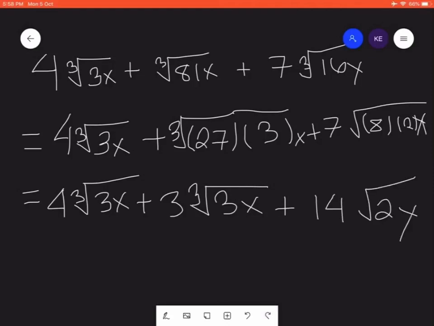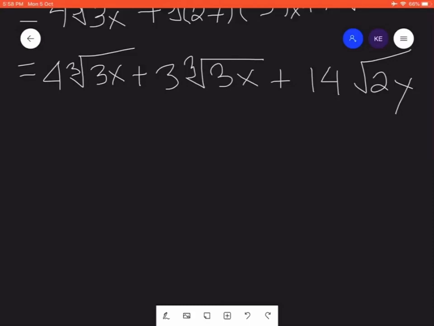So if you're wondering why it's 14, because I found the cube root of 8, which is 2, then multiplied it with 7, then 2 times 7 is 14. That's why it's 14.